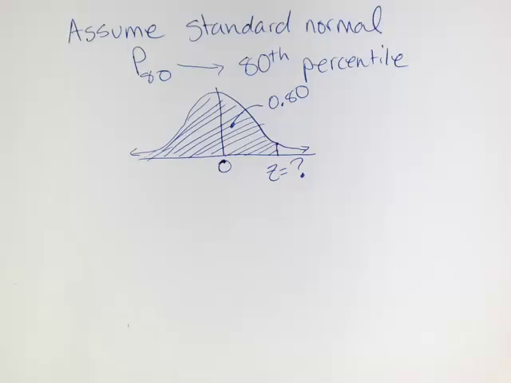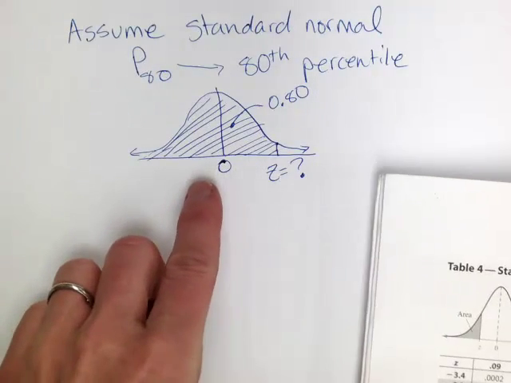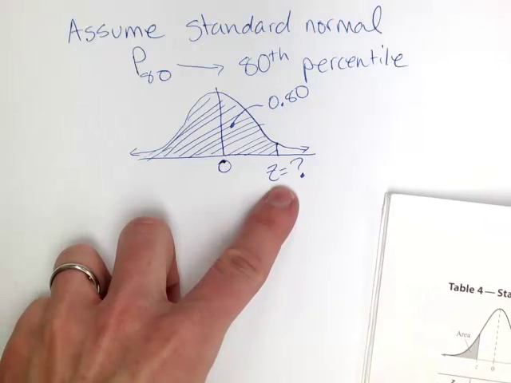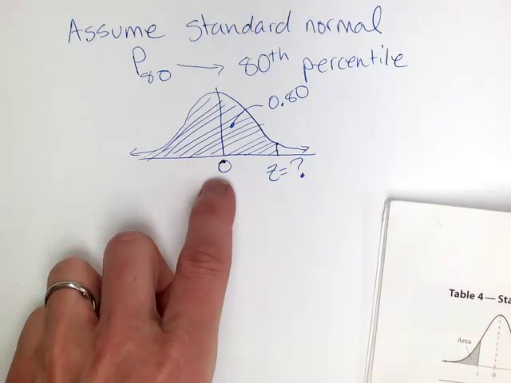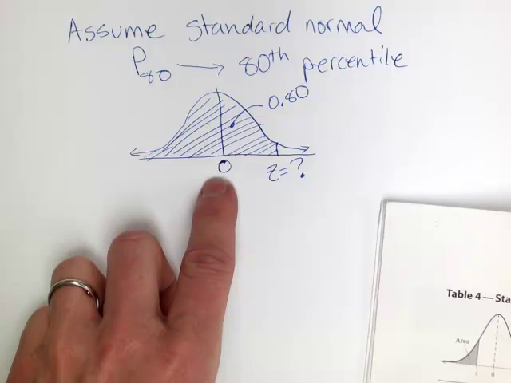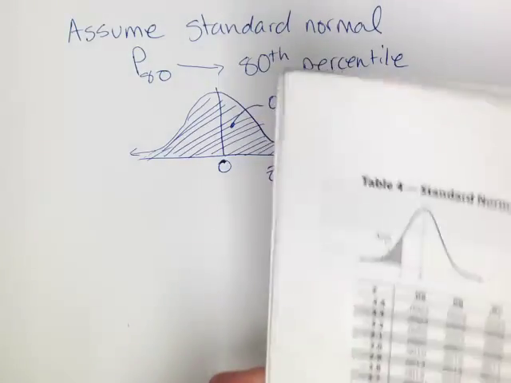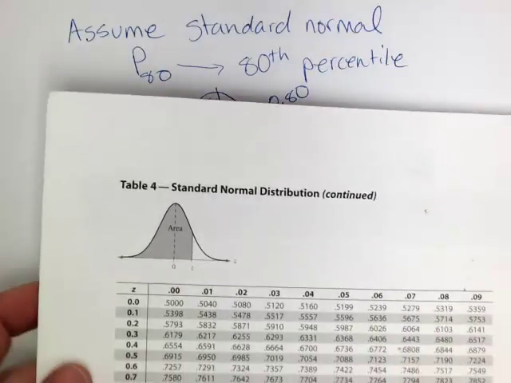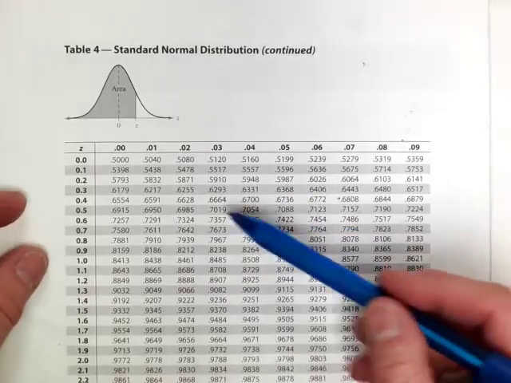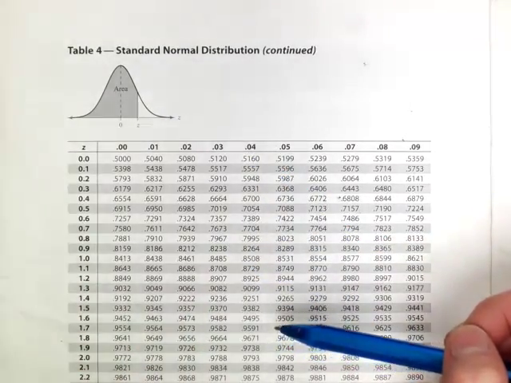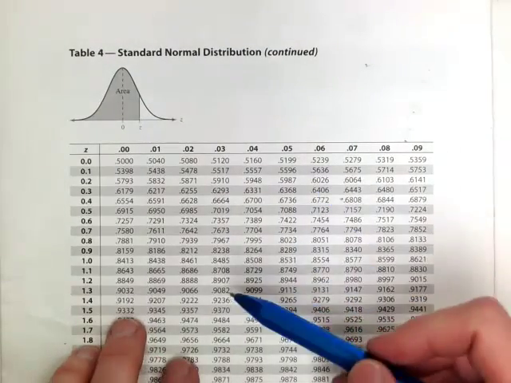So on our standard normal table, I know I need to go to the page where the z-values are positive, because any z-score that has a corresponding area above 50% is going to be positive. I'm going to be reading in the body of the table and then outward, as close as I can get to that area.